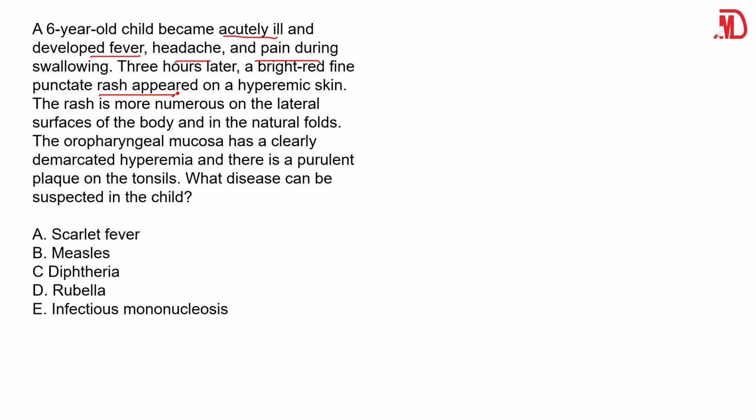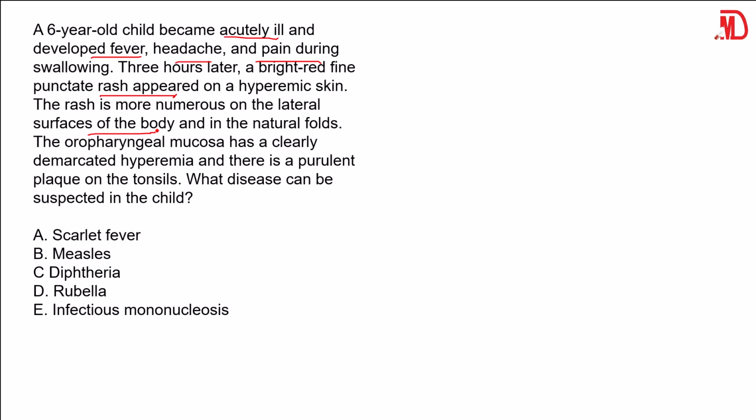That means the skin has become reddish. Now, the rash is more numerous on the lateral surfaces of the body and in the natural folds. Oropharyngeal mucosa has a clearly demarcated hyperemia, and there is a purulent plaque on the tonsils. Again, it means there is some form of throat infection, likely tonsillitis.